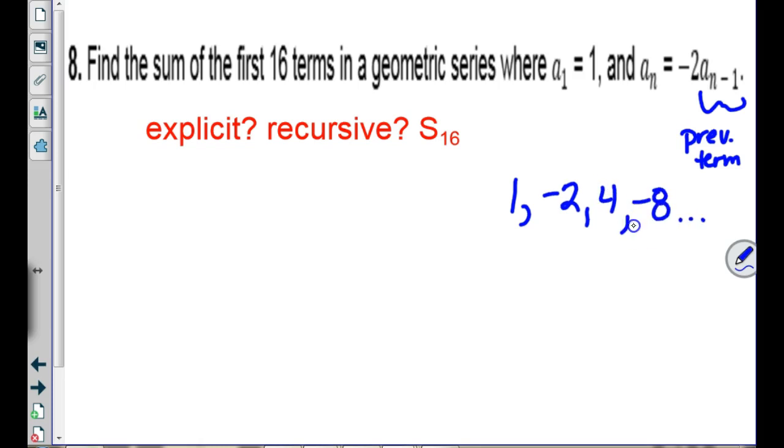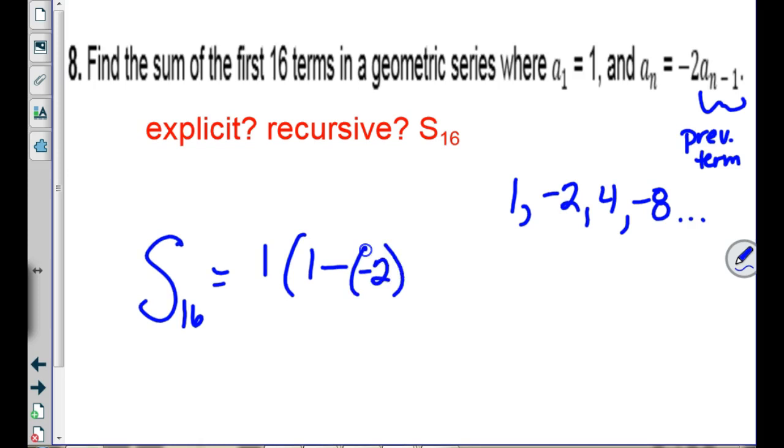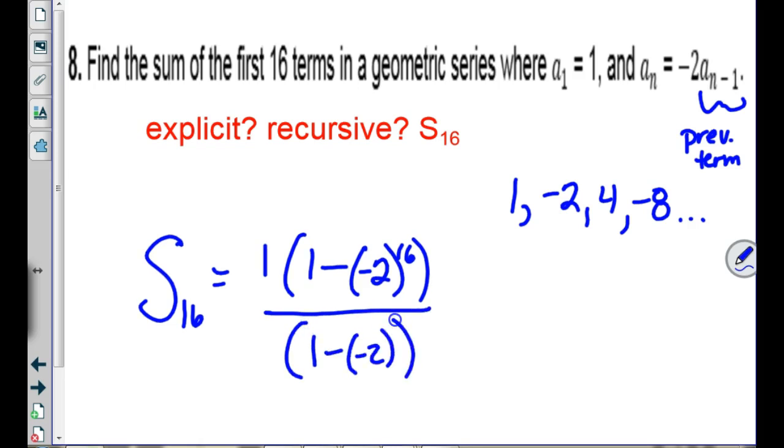Okay. Now if you had to, could you generate all 16 terms and add them up? I suppose. But the sum of 16 terms, what's the first term, guys? And then it's 1 minus r. What was r? -2 to the 16th over 1 minus -2. Okay.